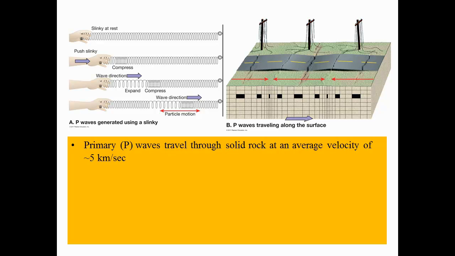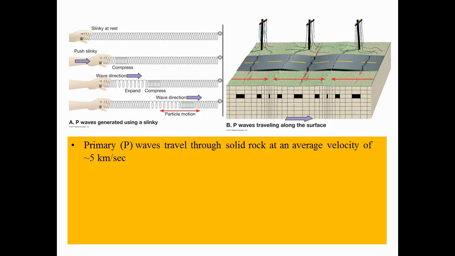P waves are referred to as primary waves that travel through solid rock at an average velocity of about 5 kilometers per second. Now, the actual velocity of P waves depends on the material through which it's traveling. Through unconsolidated sediment, P waves will travel slower, whereas in denser mantle, P waves will travel faster.